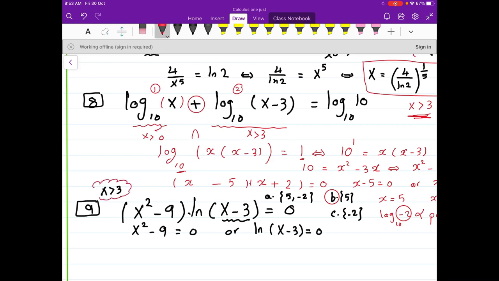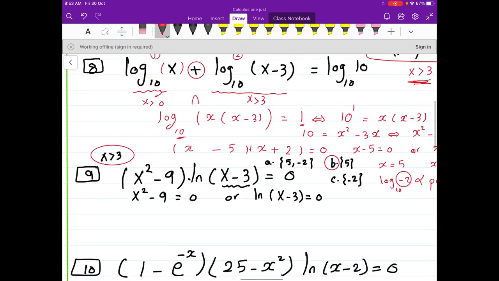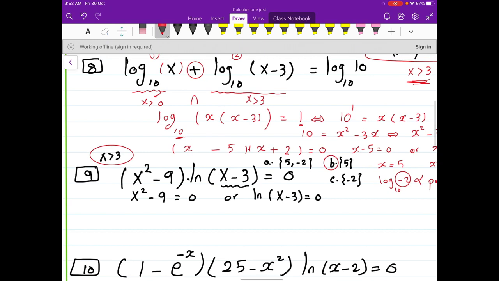Be careful, x must be... Now, x squared minus 9 equals 0 is equivalent to x equals plus or minus 3. ln of x minus 3 equals 0 means e to the power 0 equals x minus 3. So e to the power 0, 1, equals x minus 3, which means x equals 4. So we have the answer.